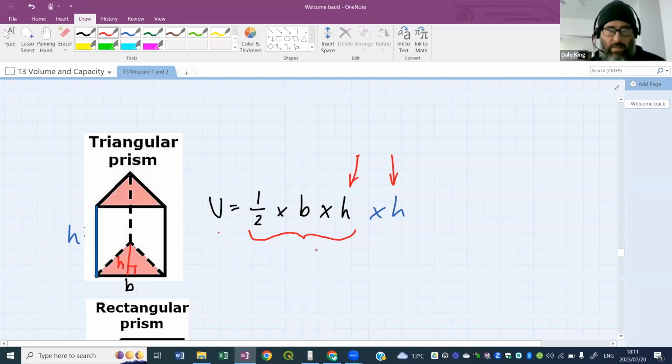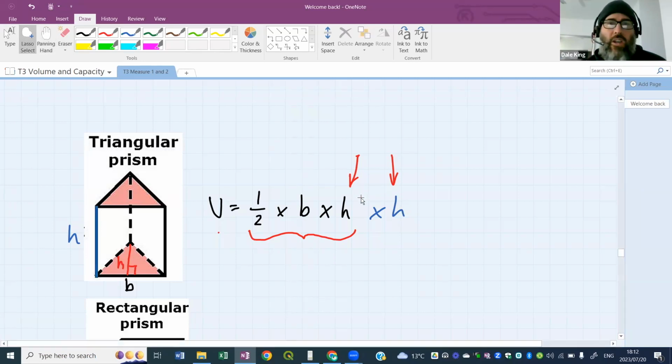Sorry, times height. Okay, so that first part there is for the triangular base, and then for the volume, you've got to still multiply by the height of the triangular prism, hey? Which gives us another height, doesn't it? So we've got two. Yeah, it is confusing.